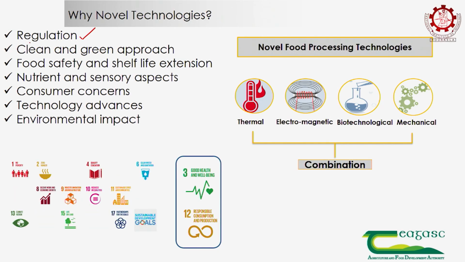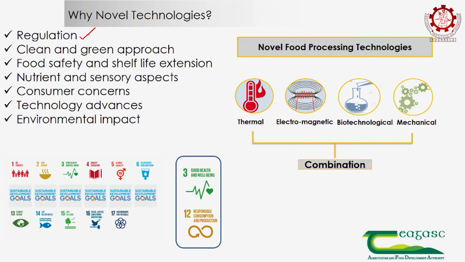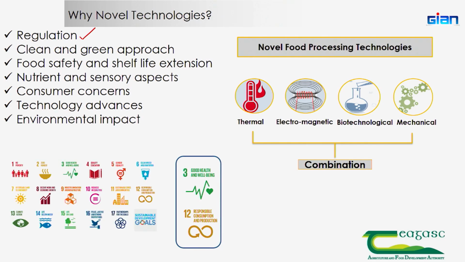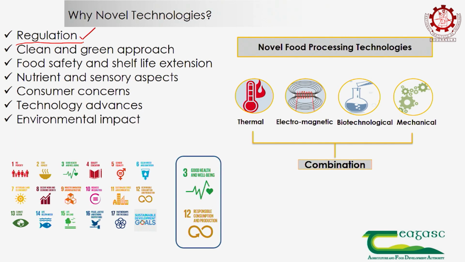It is not point number one, it is one of the points. Regulation, that means if there is a regulation that you should not use chlorine or you should not use A, B or C chemicals, you need an alternative. Because of the regulatory aspect, we need to go for alternative approaches, then you have to rely on new technologies.